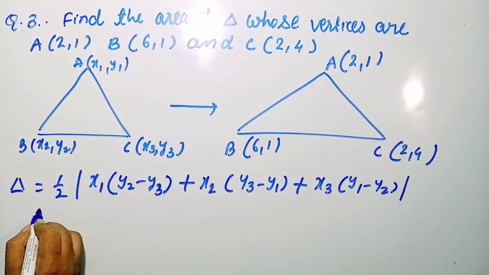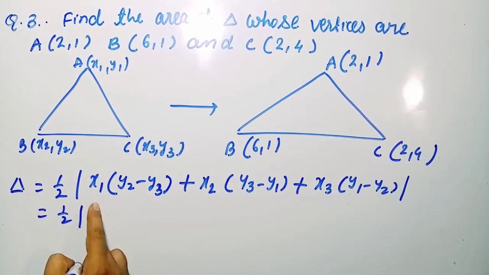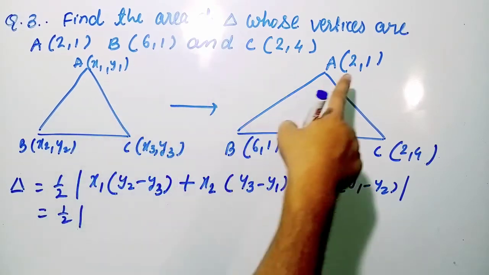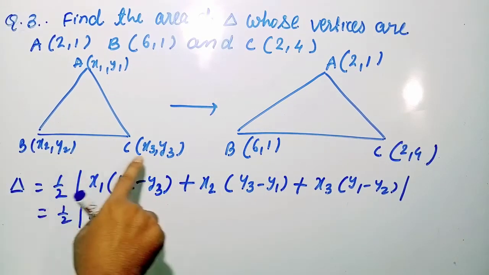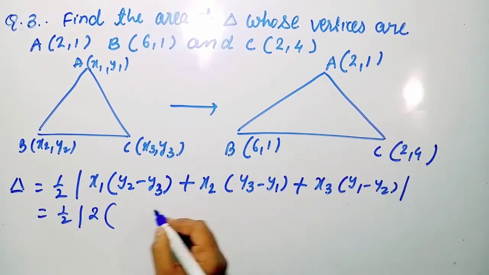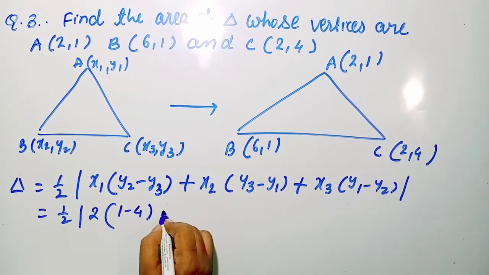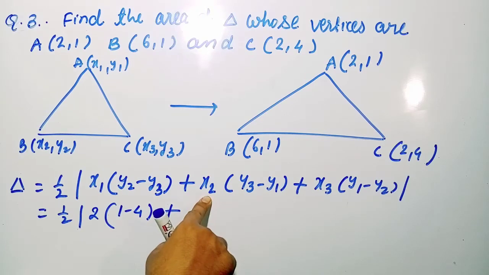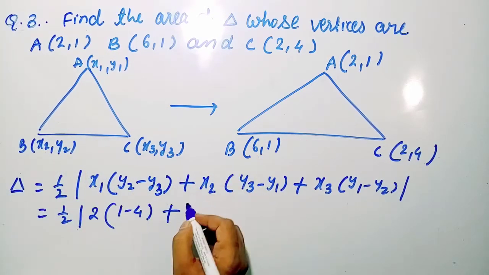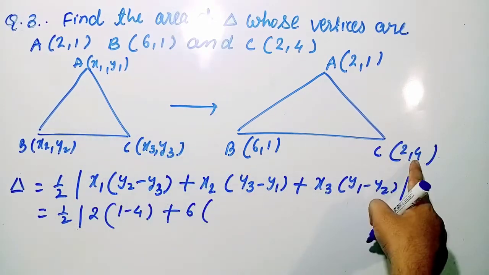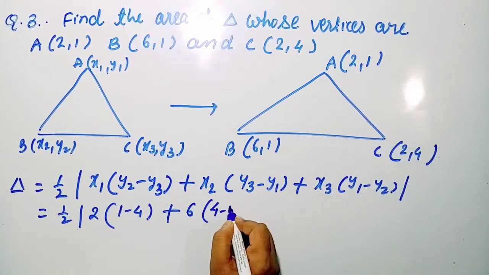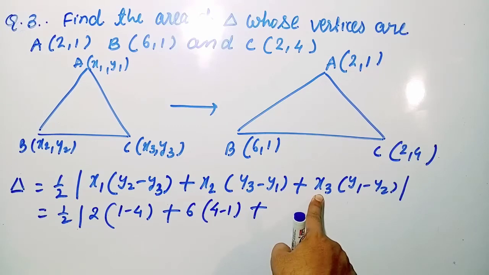Putting the value of these coordinates, x1 is 2, y2 minus y3 is 1 minus 4, plus x2, x2 is 6, y3 minus y1, y3 is 4 and y1 is 1, 4 minus 1, plus x3.